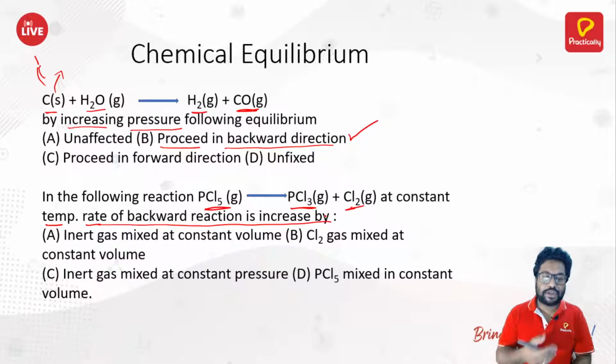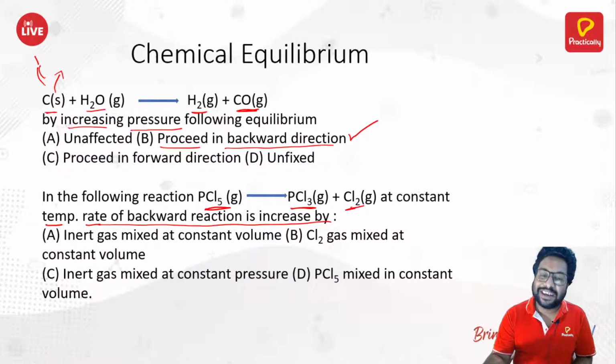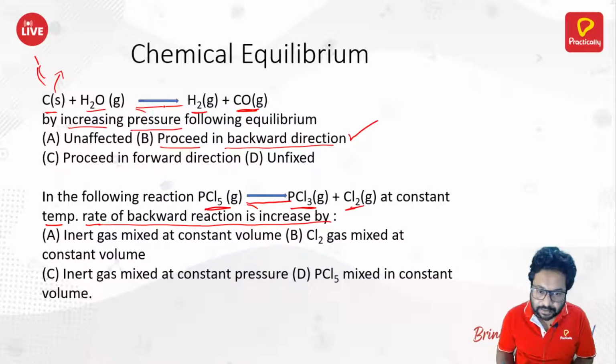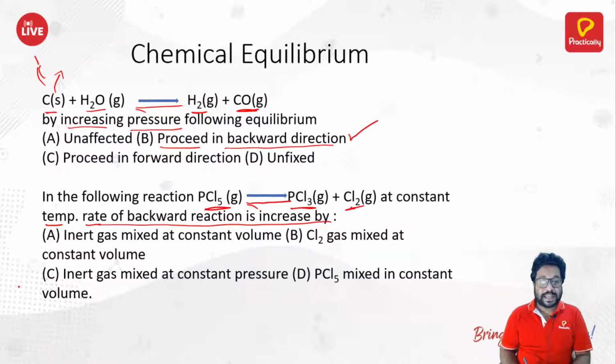If you keep the temperature constant here, out of these four factors, which factor will increase the rate of the backward reaction? Backward reaction is what? Backward reaction is PCl3 combining with Cl2 to give us PCl5. Okay. So the very first option they have given is inert gas mixed at constant volume.